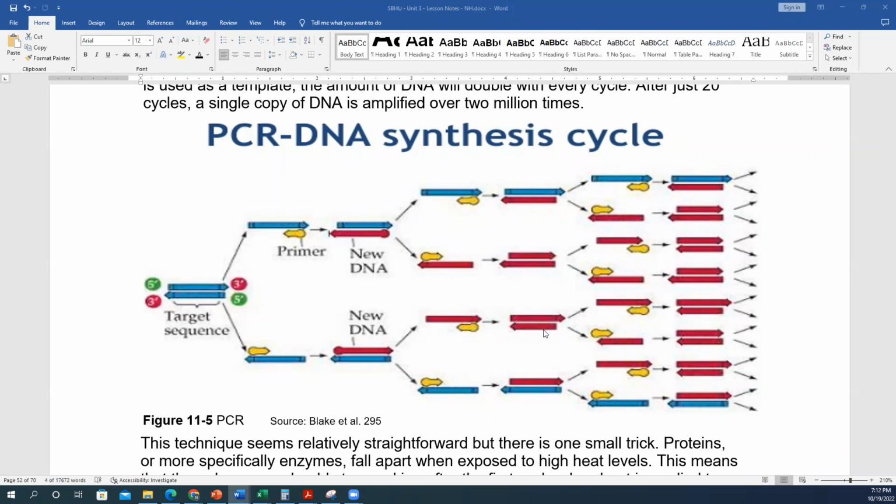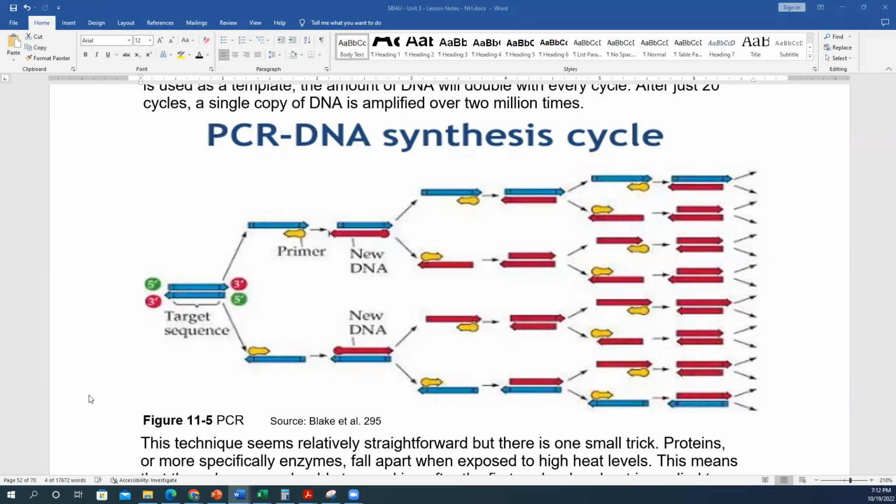In this way, you can repeat this cycle over and over again until your original DNA sample has been amplified many, many times, to the point where, after just doing, for example, 20 cycles, you might go from having a single copy of the DNA to having amplified it over 2 million times or so.